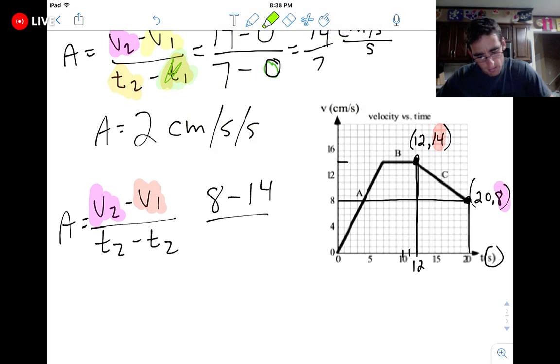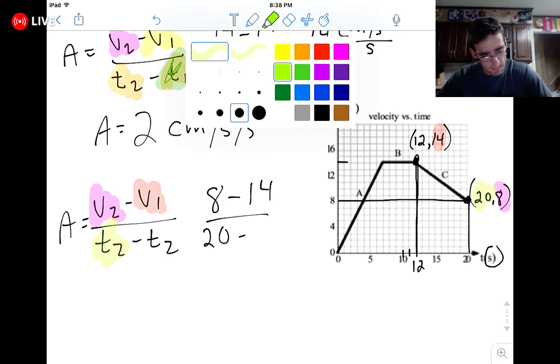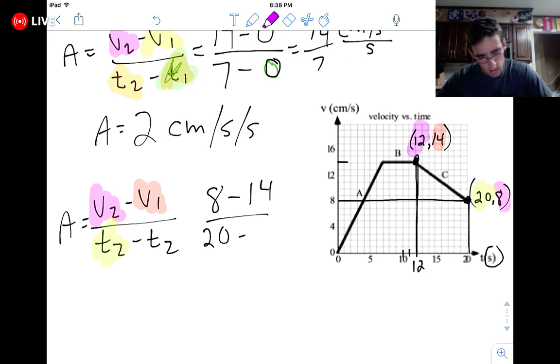My second time is 20, minus my first time, which is 12. Oops, I messed that up. That should be t1. So t1 is 12.